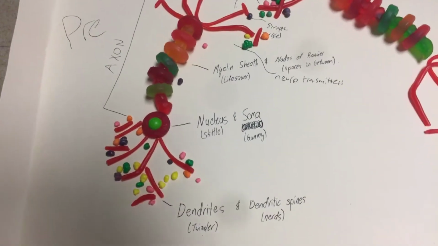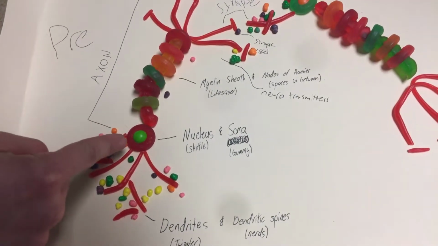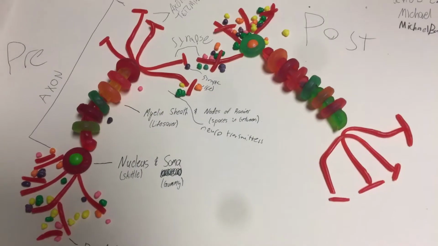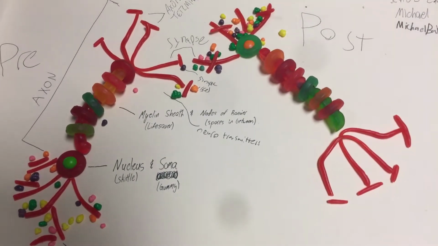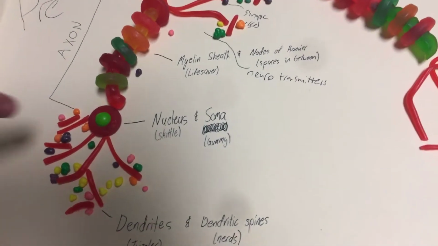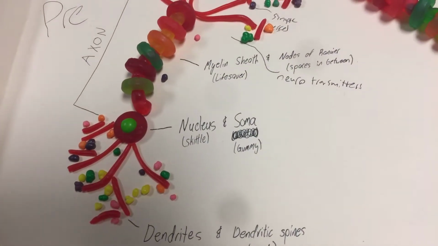We're going to start off with the soma. The soma is right here in the presynaptic neuron and right here in the postsynaptic neuron. It's represented by a lifesaver gummy, and basically the soma is the spherical part of the neuron.